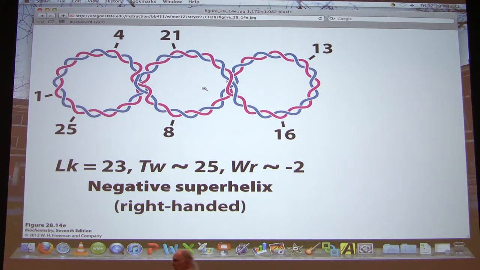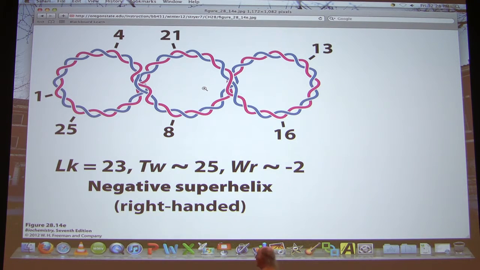It could also be positive, right? What if I had put in 2 more and made 27 in the twists instead of 25? Well, it's going to uncoil a couple times. And when I uncoil a couple times, I've got to make this be a positive 2. You're not going to have to look at a structure and tell me, is this negative writhe or is this positive writhe? All right? But I think that you should know that the linking number is equal to the twists plus the writhes.